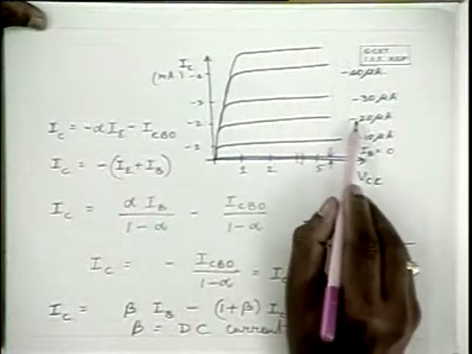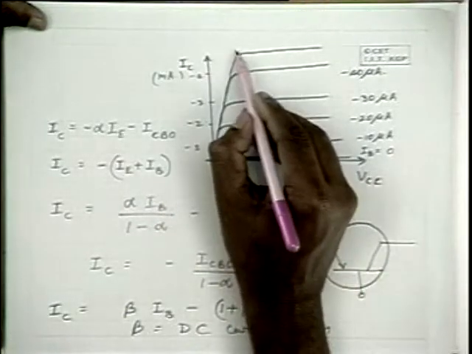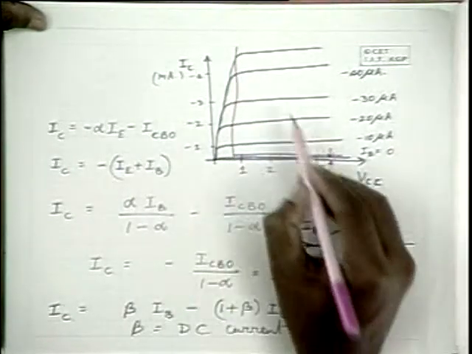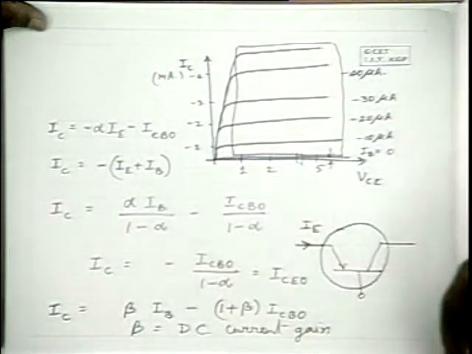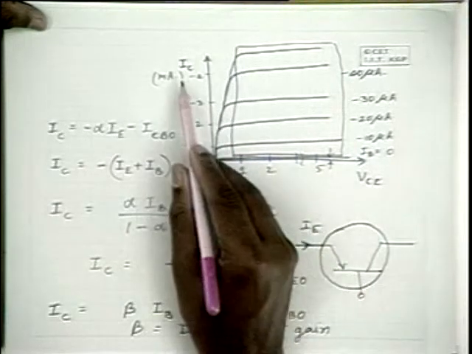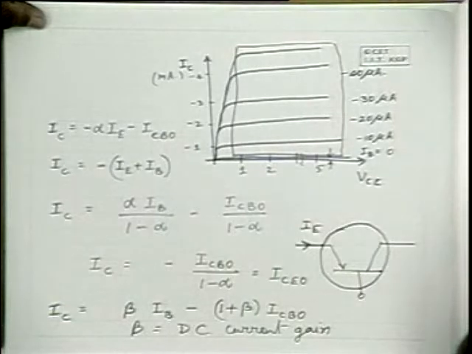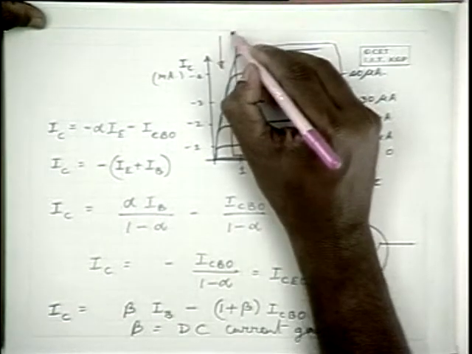Please note that in this region the collector current is proportional to the base current. Outside this region, the collector current is smaller than beta times IB. Therefore, this region is known as the saturation region.